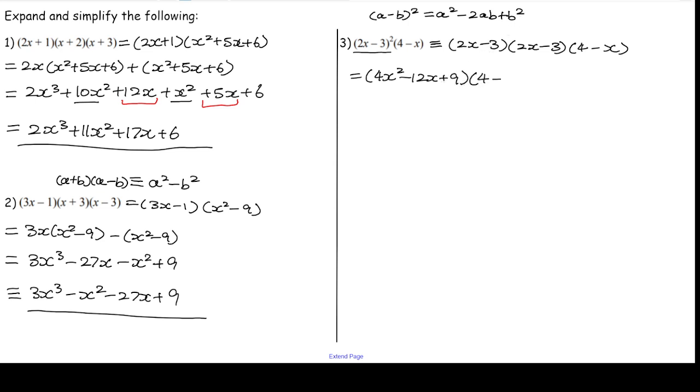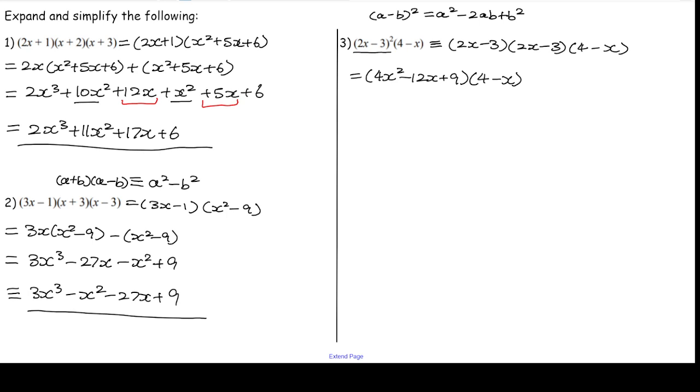And we multiply that to 4 minus x. Since there's the least number of terms in the second bracket, it's ideal to multiply everything in the second bracket to the first bracket. Recall that because multiplication is commutative, like addition, we can do multiplication in any order.